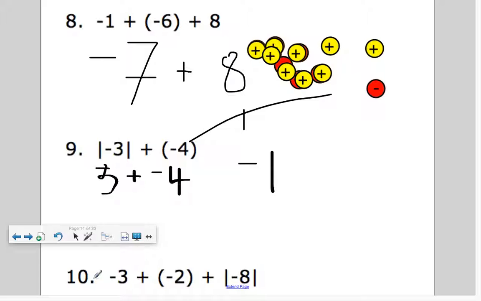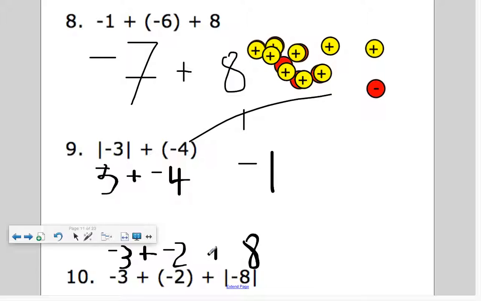Number 10, I mix -3 with -2 with absolute value of -8. Let's start with this last part, absolute value of -8. What is the distance of -8 from 0 on a number line? 8. So I have -3. I mix it together with -2.